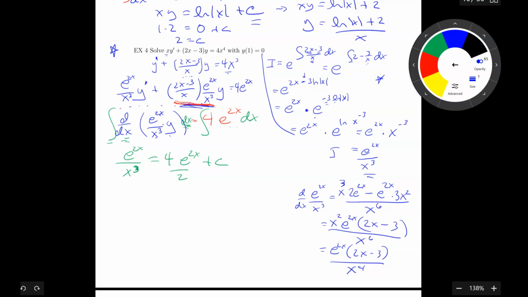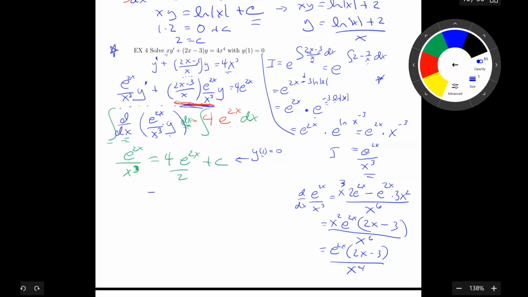All right, so now this point right here, again, is the easiest place to solve for the c. So let's go put in x equal 1. So I'd get e squared, right, x equal 1. And here I would get 2e squared plus c. What did I do? I lost my y. Oh my goodness. Okay, silly me.